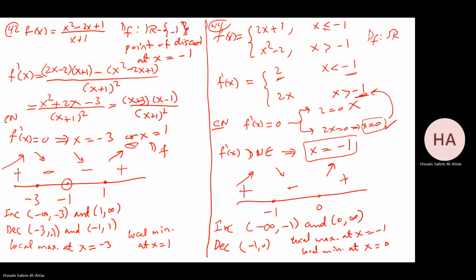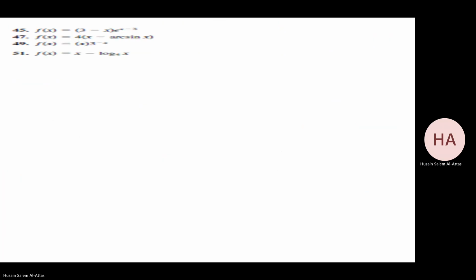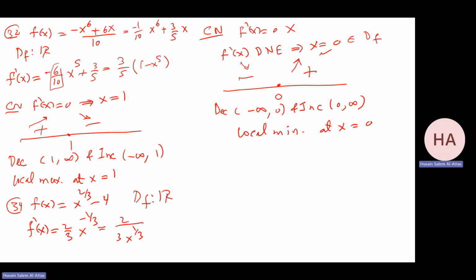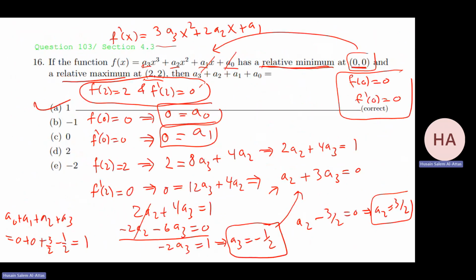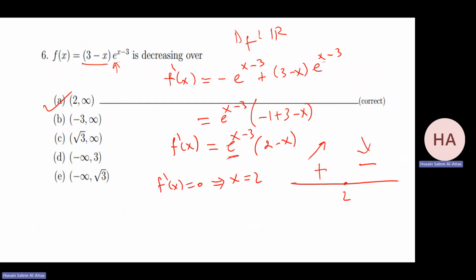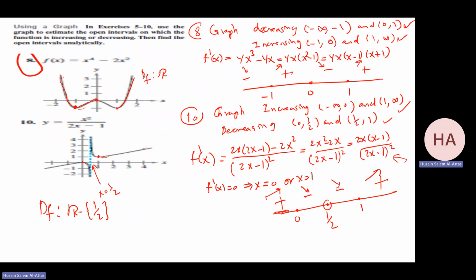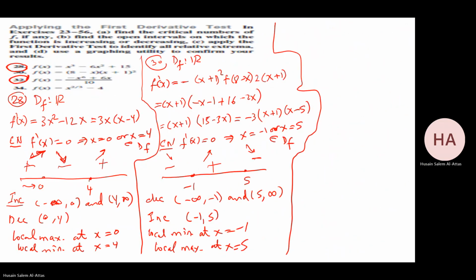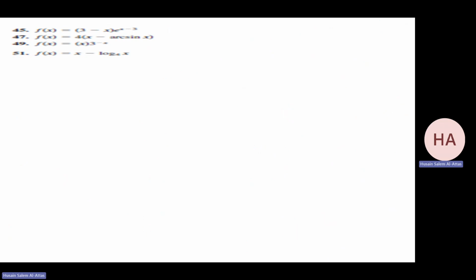Okay. More functions. 45. I think I did it before. Yeah, it's the same as this one. So you have everything. You have decreasing, and you have the local maximum. Okay, so I will not do it, since we did it before.